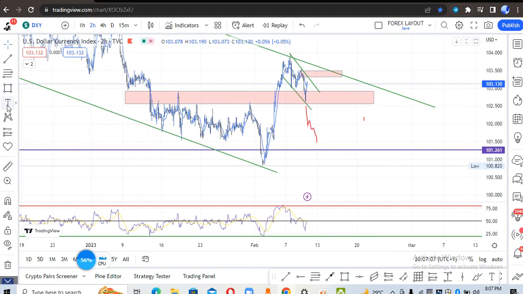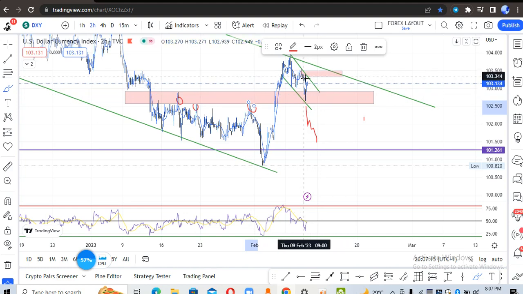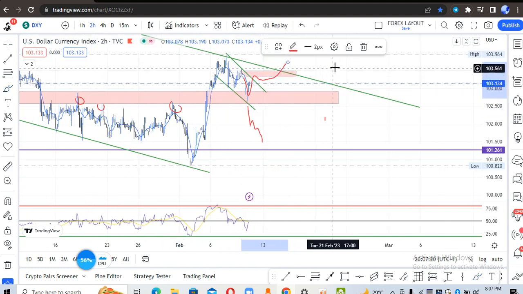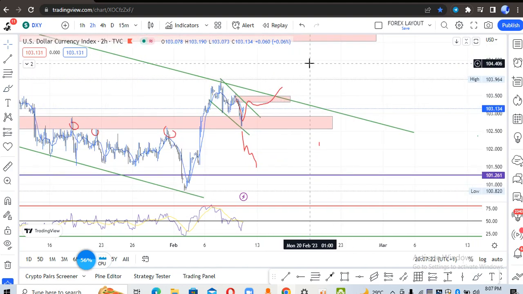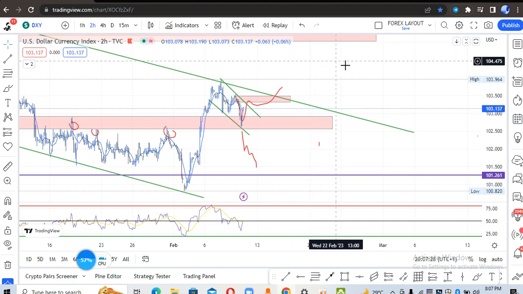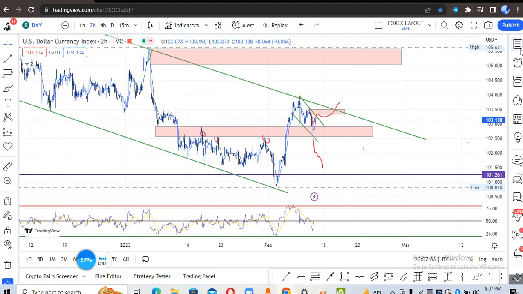As you can see, there are lots of rejections in this area. There's a rejection somewhere around here, there's a rejection here, there's a rejection here. So there's a possibility that as we touch this area, we might just shoot back up, sending BTC and everything else down, heading for a correction or retracement. So that is basically what I'm looking at in the market.